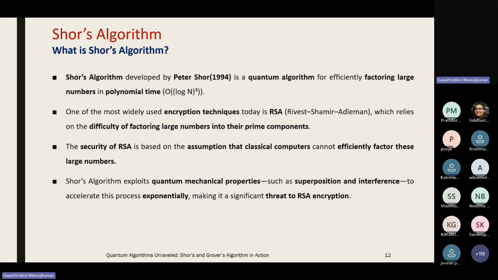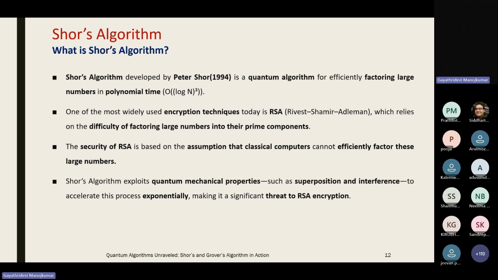This can be done in polynomial time rather than exponential time. So before understanding how Shor's algorithm executes, we first need to understand the difficulty of factoring a large number into its prime components.